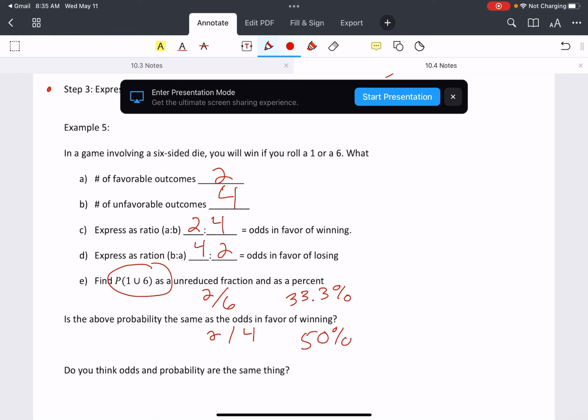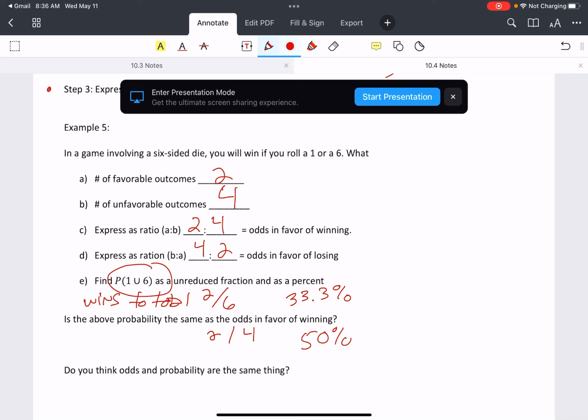One compares wins to total. Even in a situation like this, it might be better to use probability. I just did the odds to help you understand what it meant, right? But probability is better when each outcome is the same likelihood.